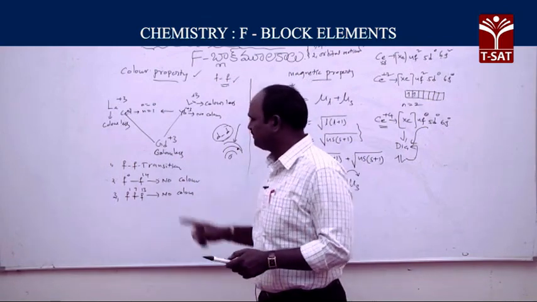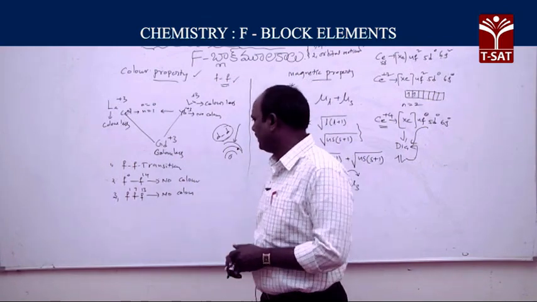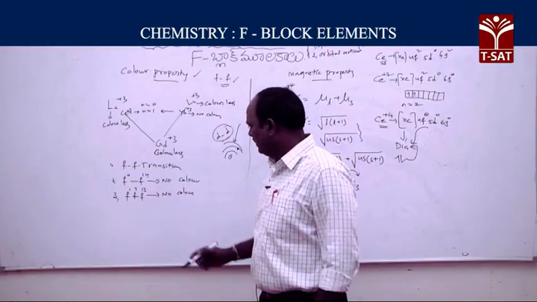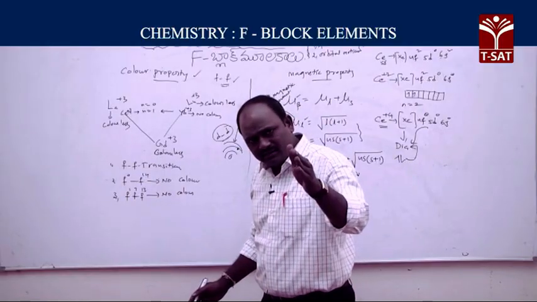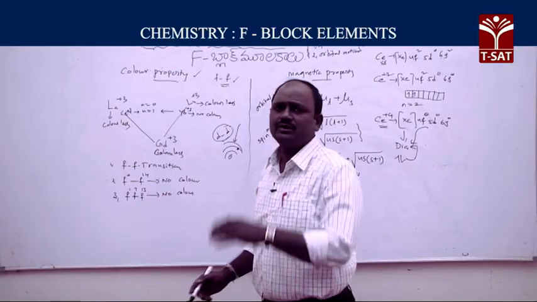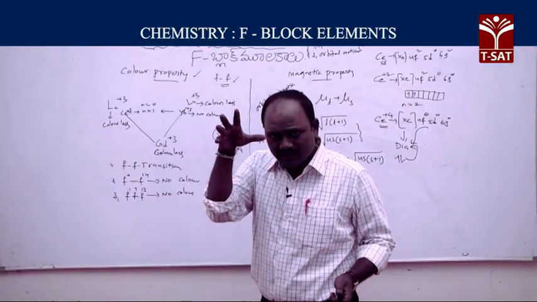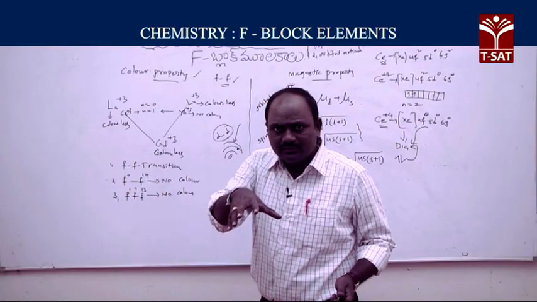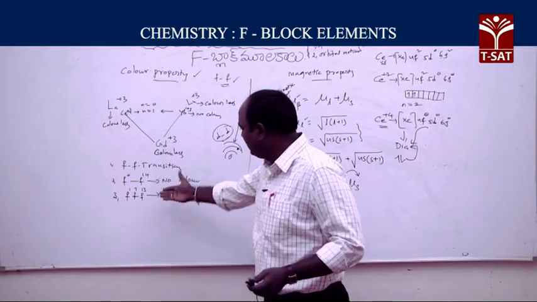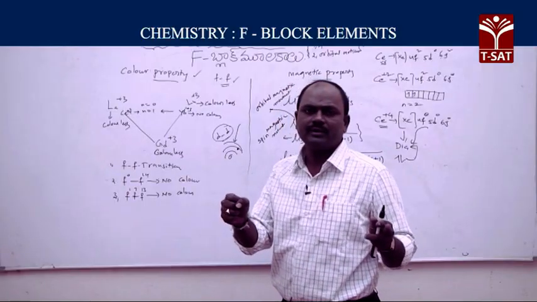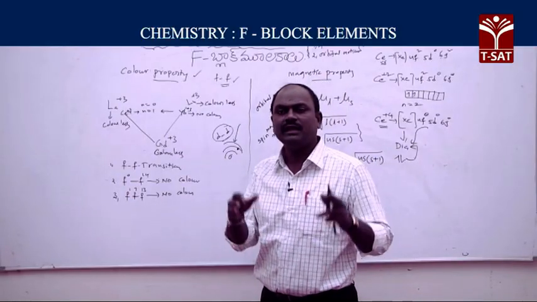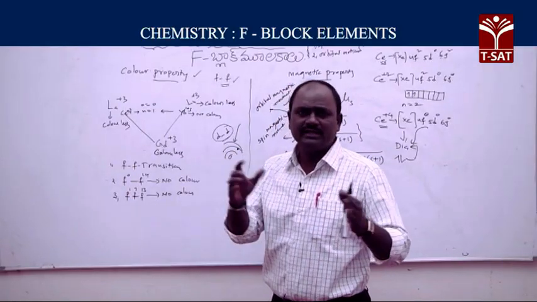But here the special thing is that in the inner transition element ions, sometimes they contain unpaired electrons even though they are colorless. What is the reason?